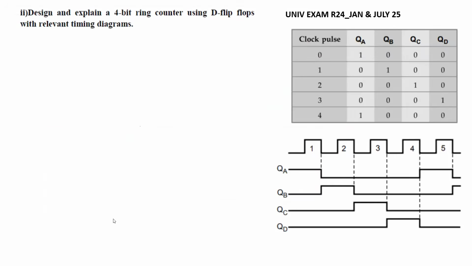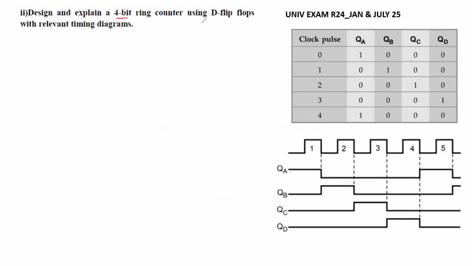These are the questions they have asked. Now, design and explain a 4-bit ring counter using D flip-flops. Here they ask for 4 bits, and this ring counter is an example of a synchronous counter, meaning each flip-flop gets the same clock pulse.